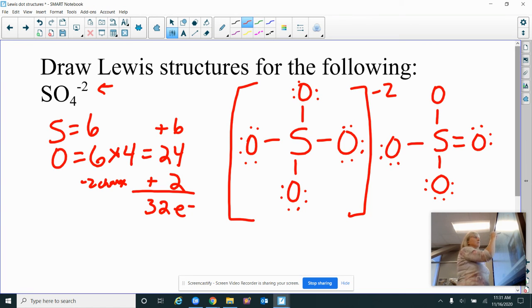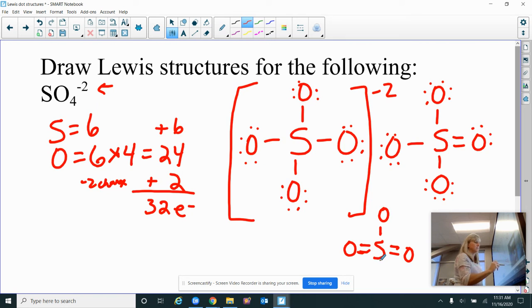And that is also only using 32 electrons, and each oxygen has 8, but the sulfur has 10, but that's a valid structure. And it doesn't matter if you put the double bond on that oxygen or that oxygen or that oxygen or that oxygen.